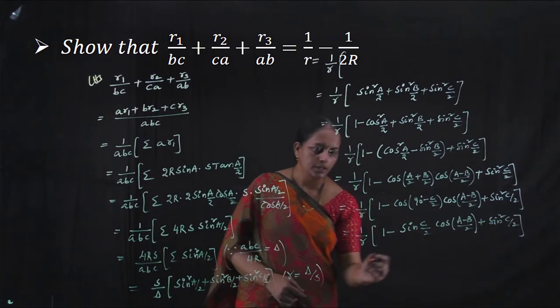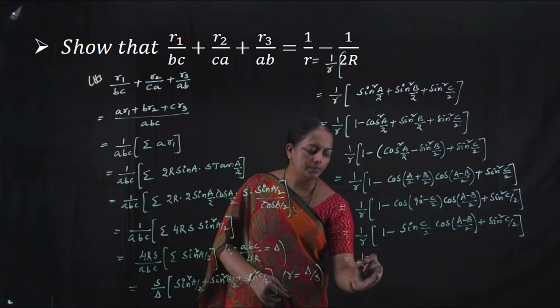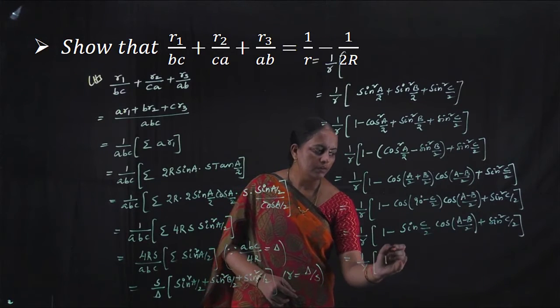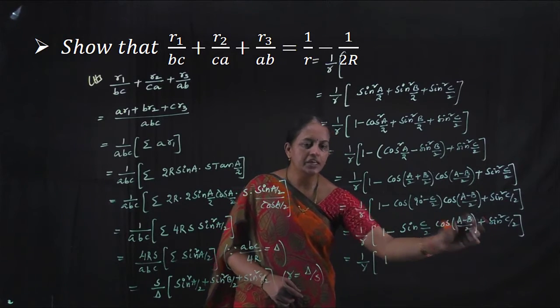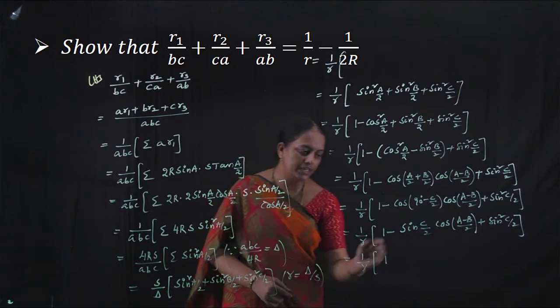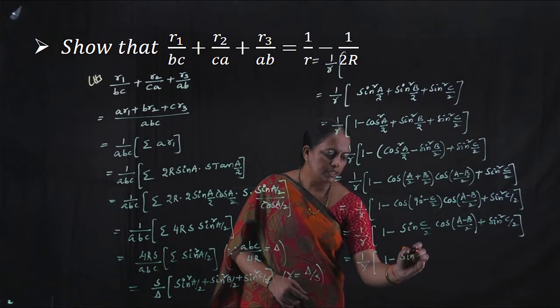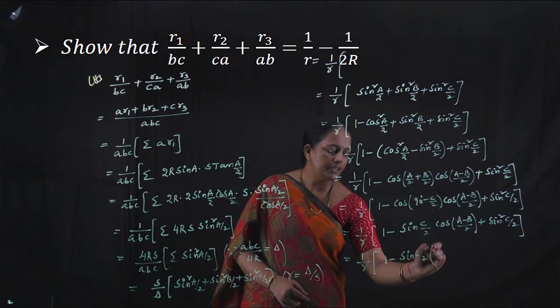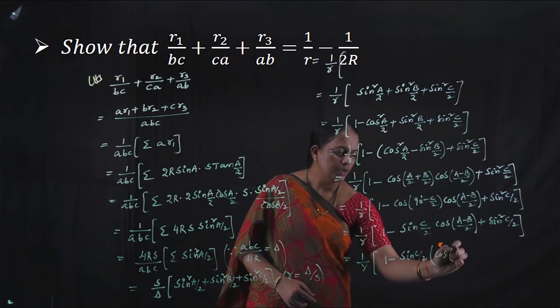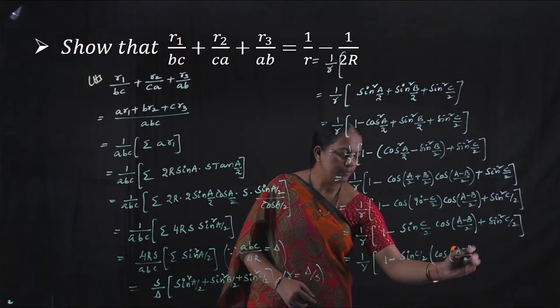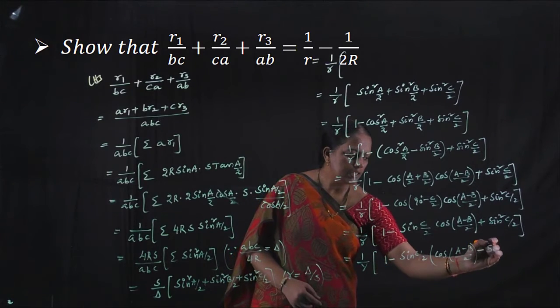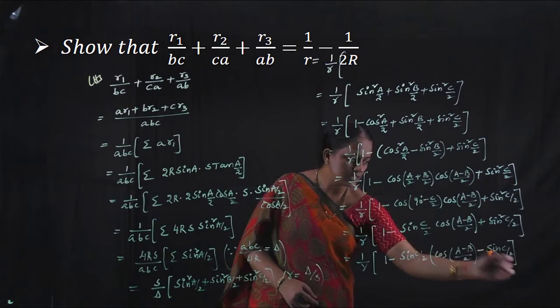Okay, this is equal to 1 by r into 1. From these two terms we can take minus sin C by 2 as common. So this is equal to 1 minus of sin C by 2 into cos of A minus B by 2 minus sin C by 2.